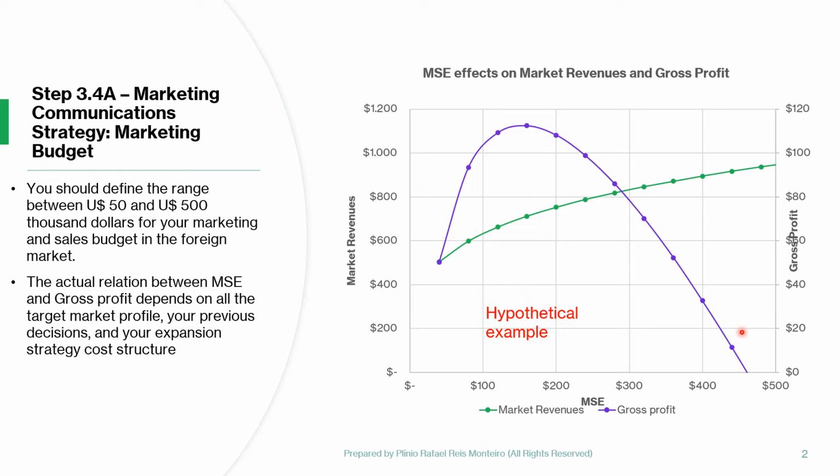In real life, it's really hard to know this maximum point or where we are exactly on this curve of investments in marketing. But we know that if we invest too much, we can lose money, and if we are not investing enough, then we also can have a very small gross profit. You can even have losses if you're not investing enough.